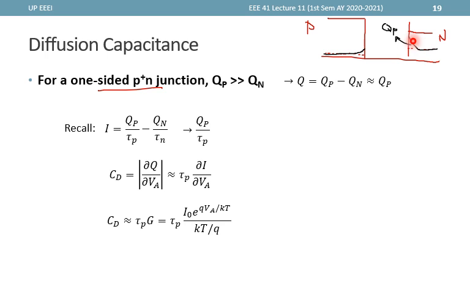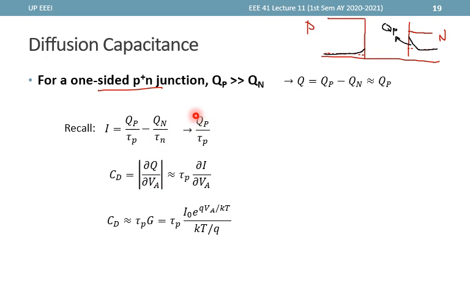Now that charge is actually related to the current, and if we divide that amount of charge by tau, we actually get the DC current. So for the diffusion capacitance, we need to get the incremental amount of charge for every incremental amount of voltage.